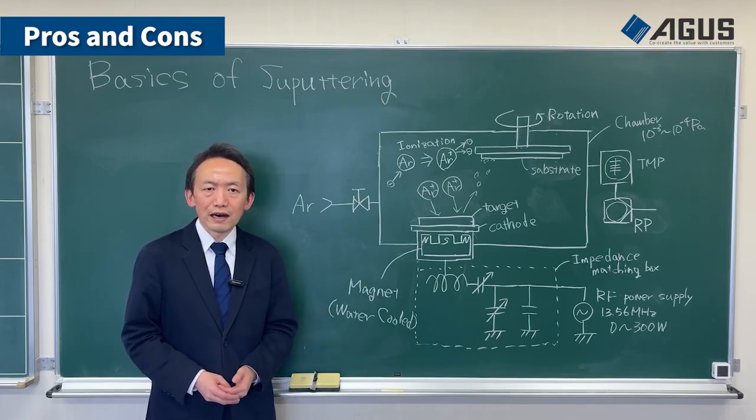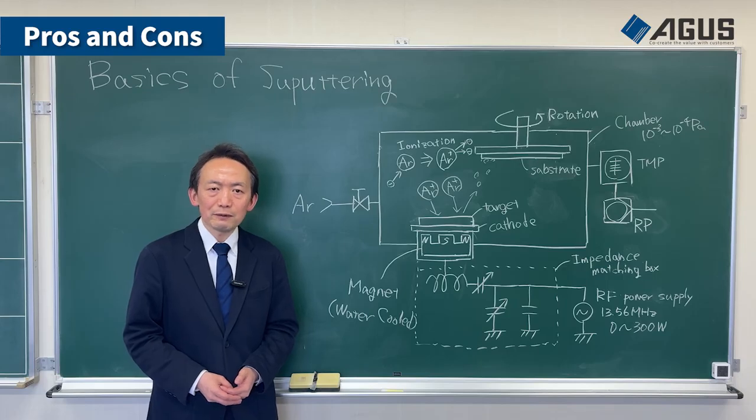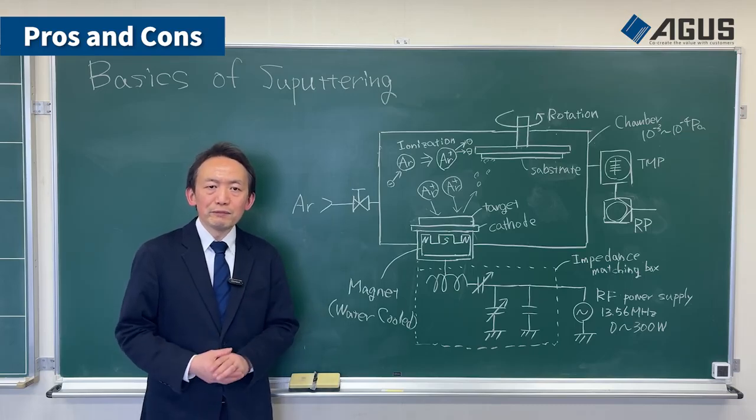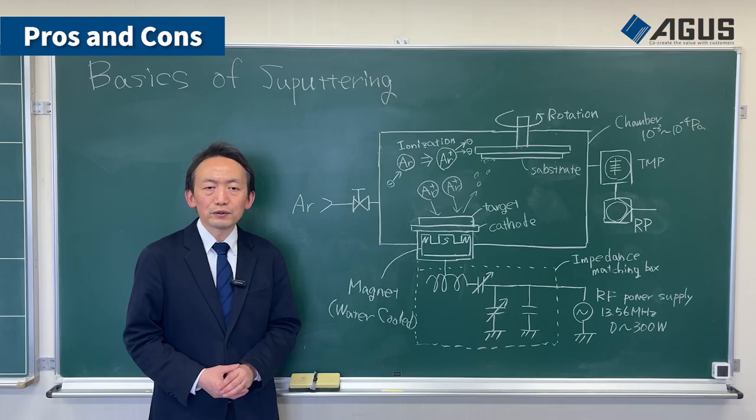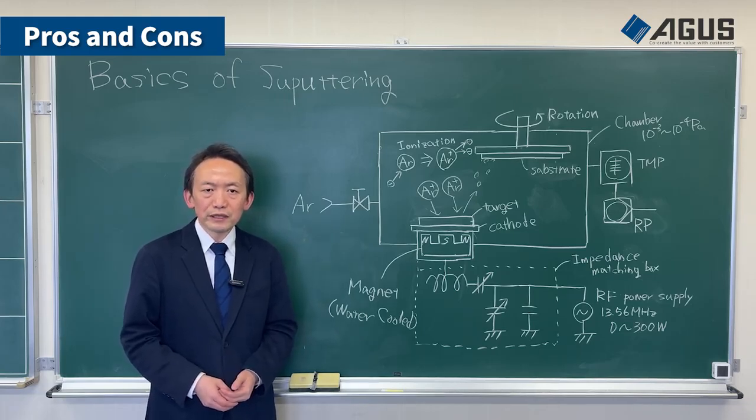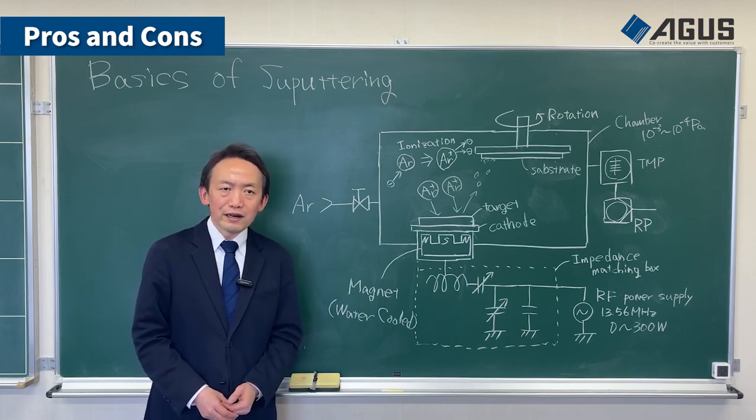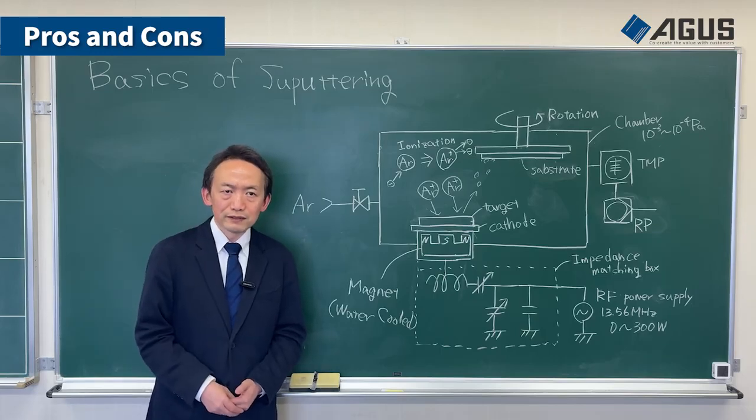Our systems achieve less than 5% variation on a 4-inch wafer. 4. Long target life. A 3 mm target lasts a long time. 5. Versatility. You can create oxides or nitrides by depositing. But there are 5 downsides.